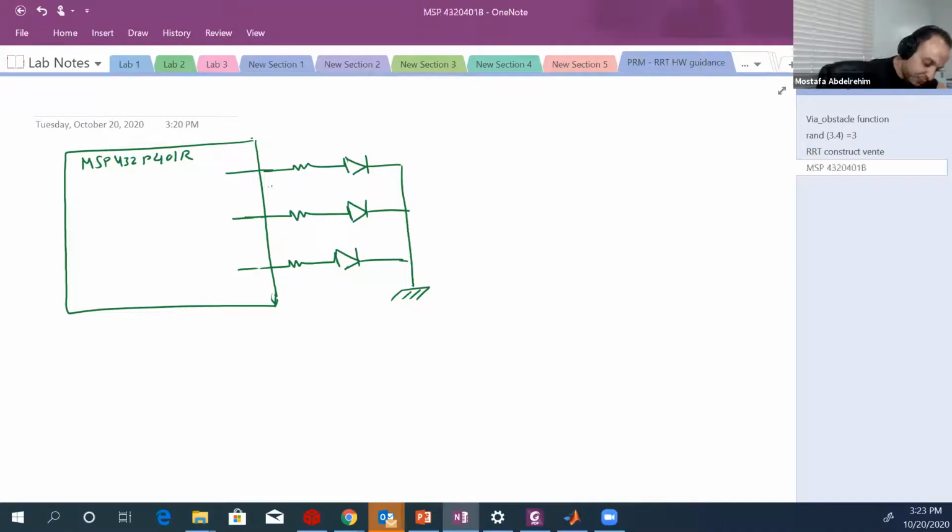Okay, so this is B1. You guys remember which board? Port 2, pins 0, 1, and 2. These 3 LEDs are contained in one package.